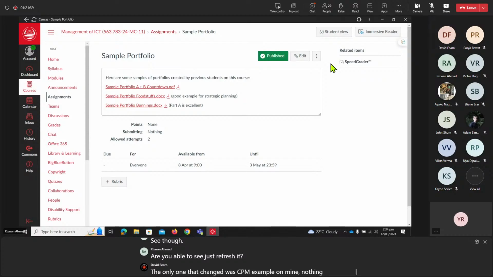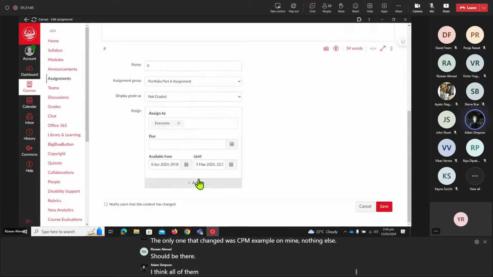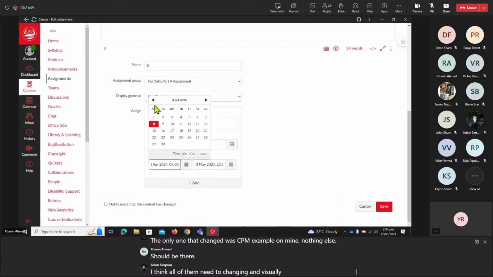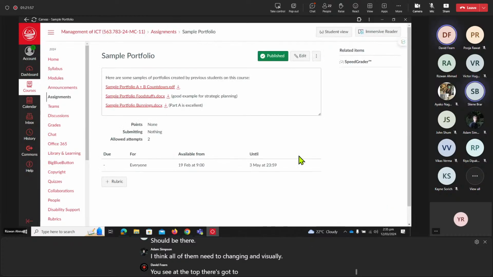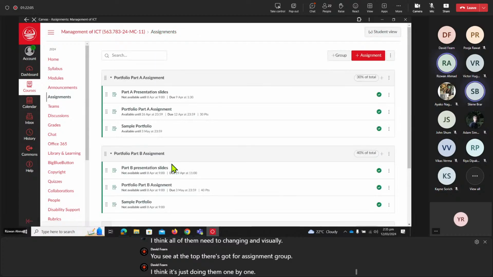Nothing else. I think all of them need changing individually. You see at the top where it has assignment group. I think it's just doing them one by one. Wait a minute, let me see.